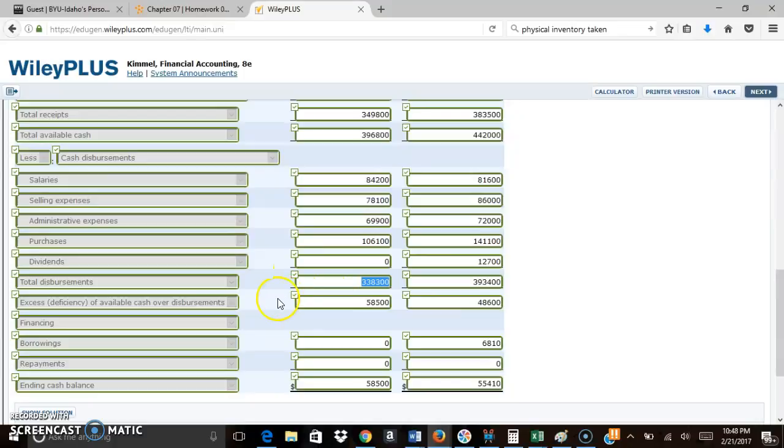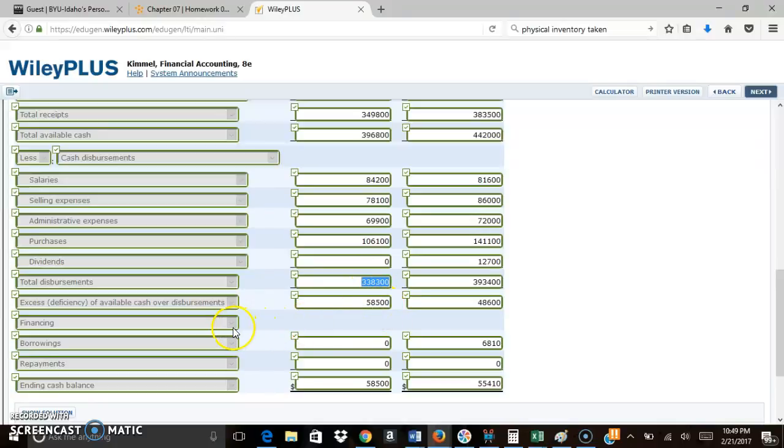So we go down to the next line, and the next thing in the book says excess deficiency of available cash over disbursements. So we take total available cash from up here minus the 338,300, and that gives us 58,500.